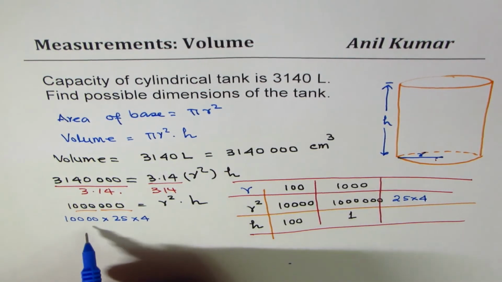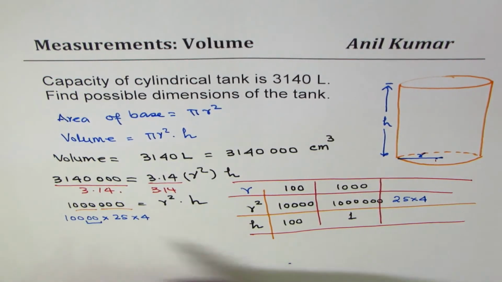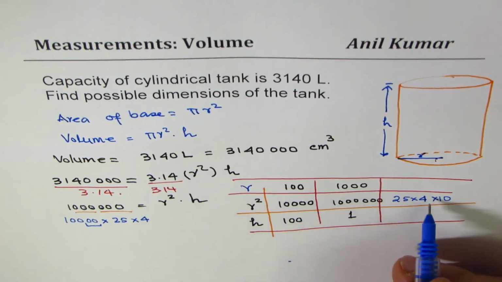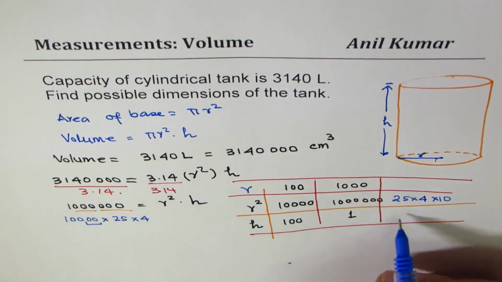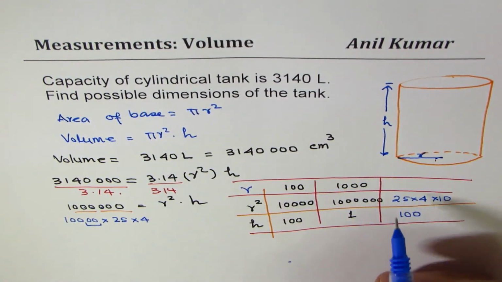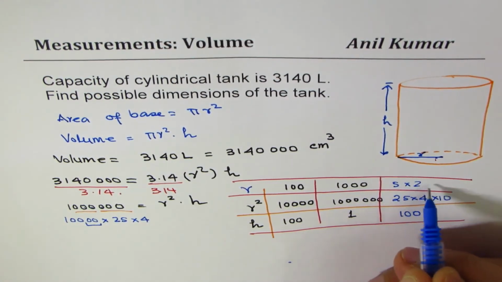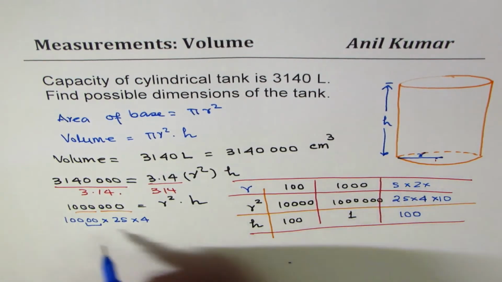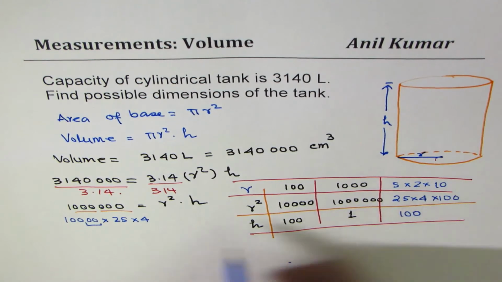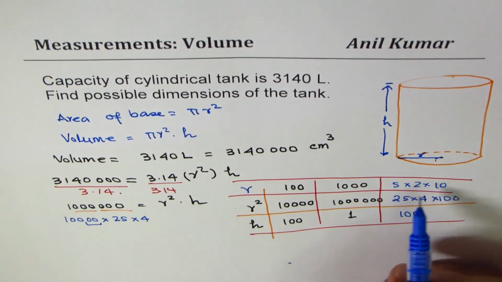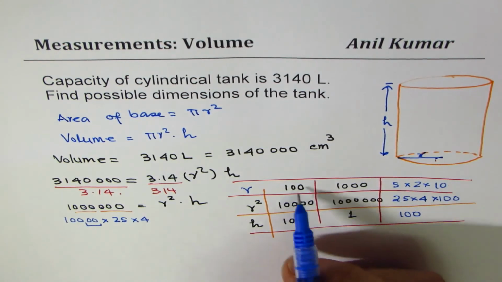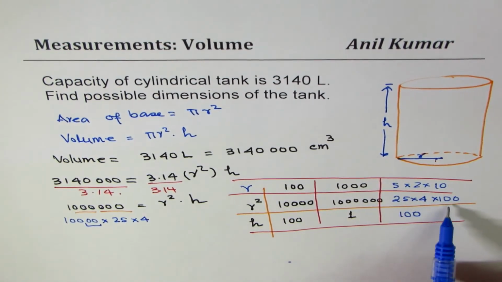You could use this. And you could use 2 zeros also, times 10 as the value of radius square. What are you left with? You're left with 100 for height, and for radius, square root of these, which is 5 times 2 times, well, I should have taken 100 times 10, right? So 2 zeros, 100. So that becomes the radius. That means 10 times 10, 100, as we began with, right?